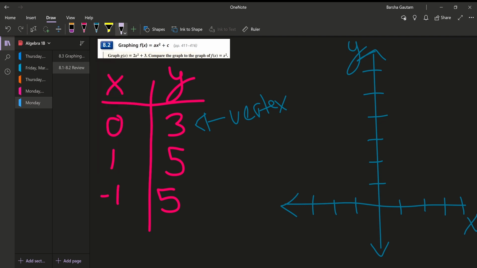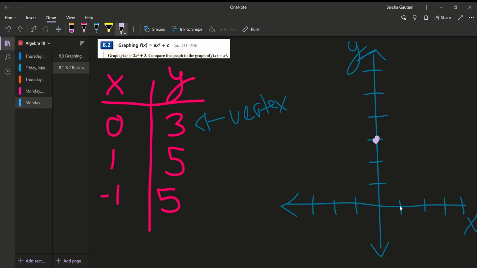Okay, so we have (0, 3). So 0 would be right here. So we're not moving to the right or left since our x is 0. And we're moving up 3. 1, 2, 3, because we have positive 3. And now we have (1, 5).